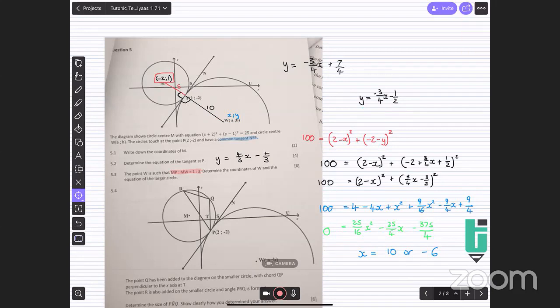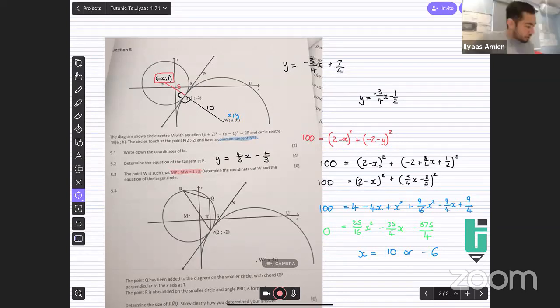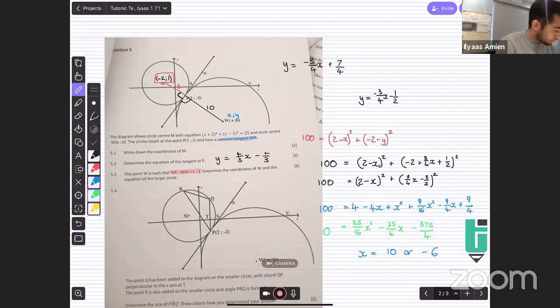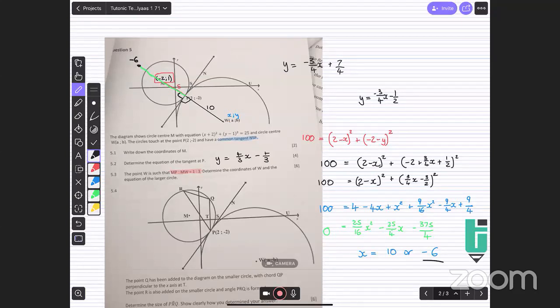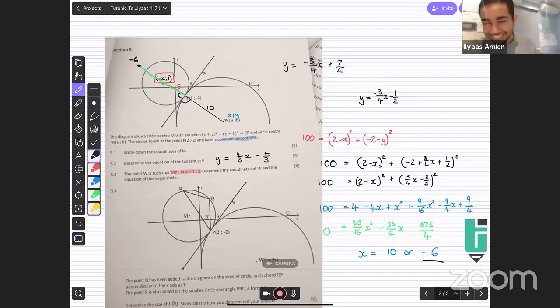You see that? There's another point. Do you agree that there is another, as Iman said, there's another point which would be 10 away from P and also lies on the line there? And that's minus 6. So do you see why you get 2 answers?